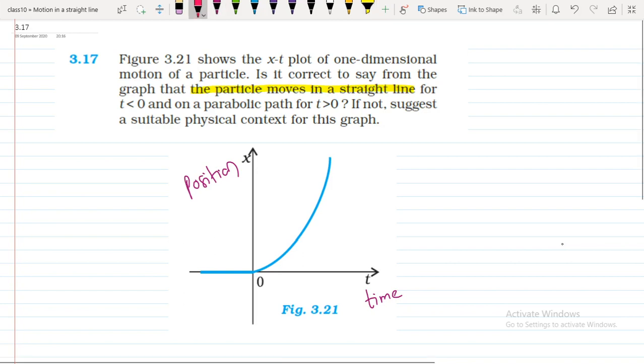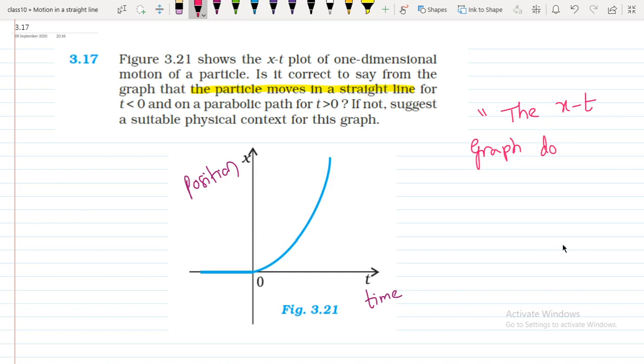So here is a very important point. The position versus time graph never represents the motion of the object. This is one of the very important statements here.